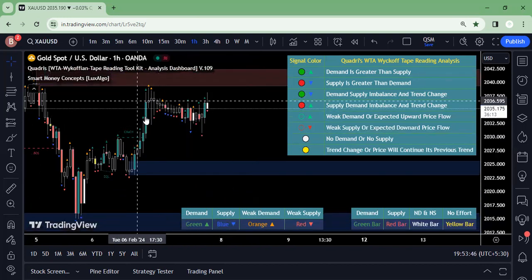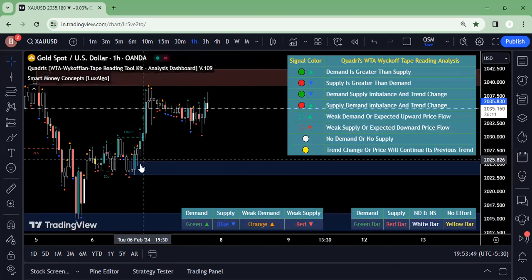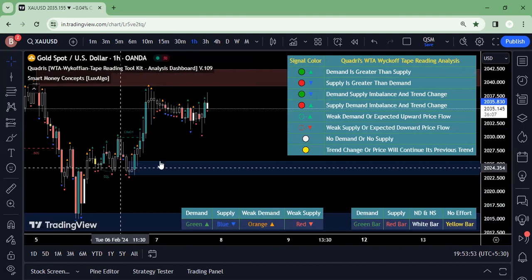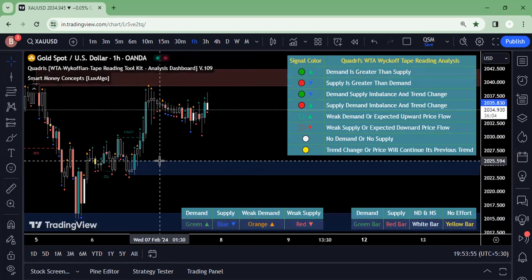It will justify whatever decision you're taking based on whatever strategy you're using, and it adds more weightage to your decision making.